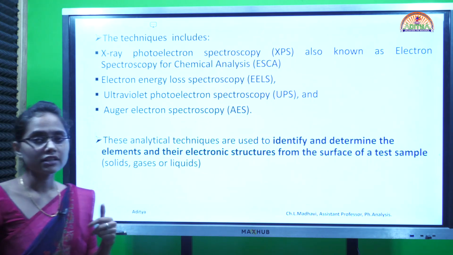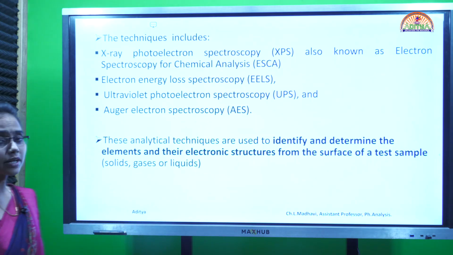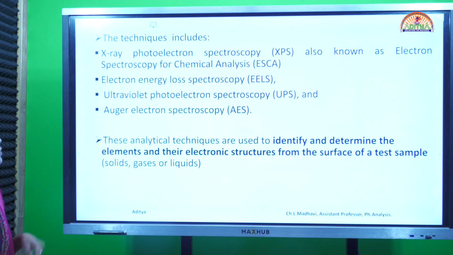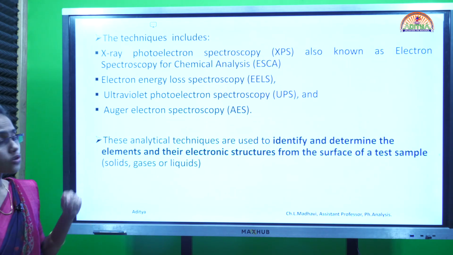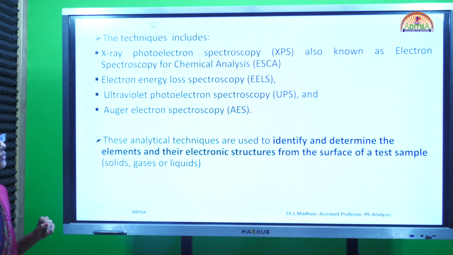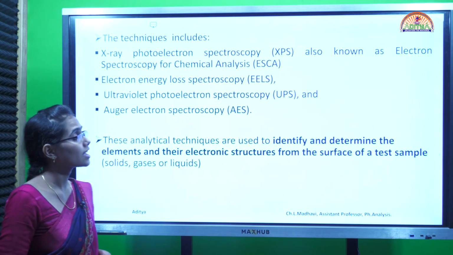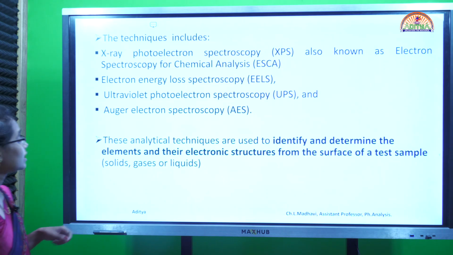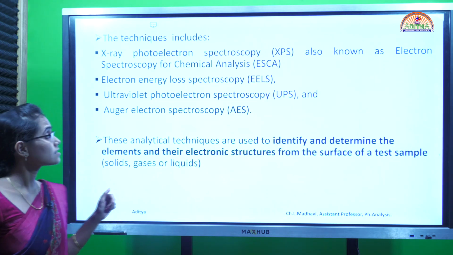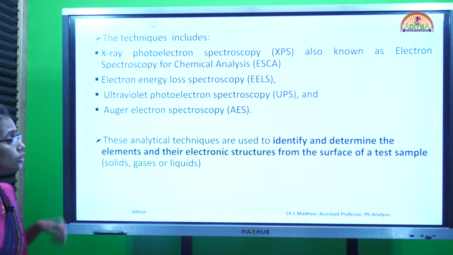The group of techniques which comprise electron spectroscopy are X-ray photoelectron spectroscopy, shortly called XPS, which is also known as electron spectroscopy for chemical analysis, abbreviated as ESCA. Then the other technique is EELS, electron energy loss spectroscopy.